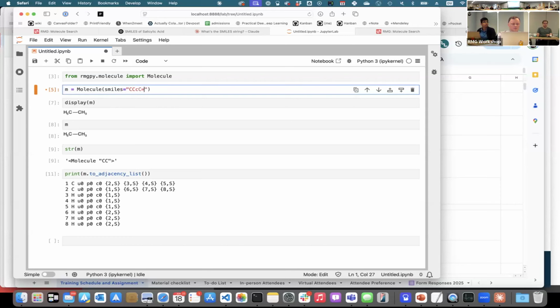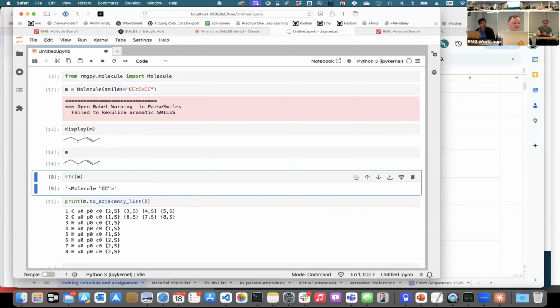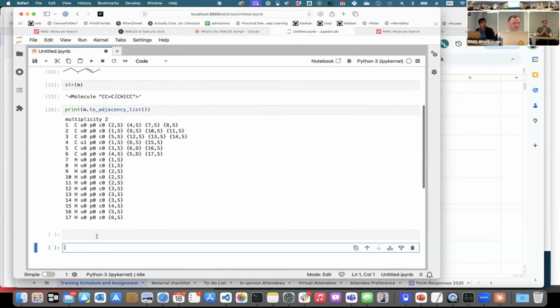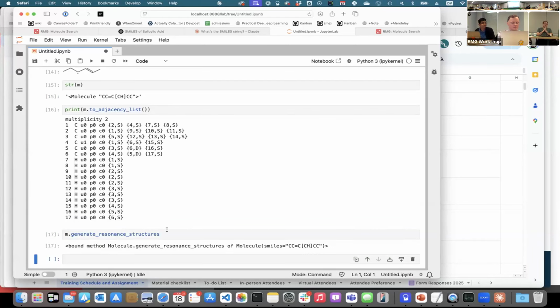I could do something like this. Oh, backend. Oh, it gave me a warning, but it made a species anyway. And now I might be able to, again, I'm live demoing something I've not tested, generate resonance structures. Let's test it.